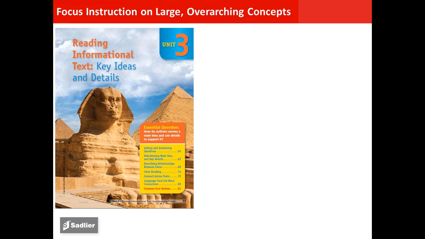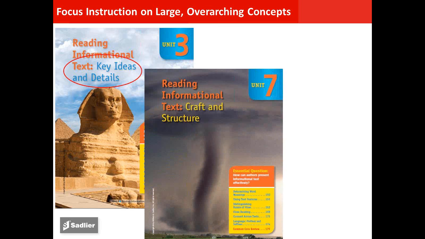Here is an example of three chapter openers for three reading units. The first is a reading informational text unit covering the standards under the topic of key ideas and details. Then reading informational text looking at craft and structure.